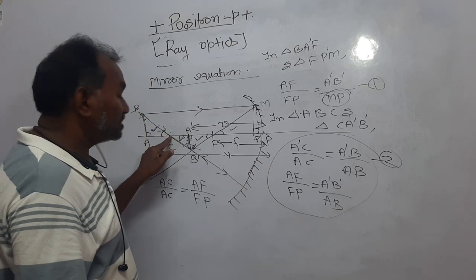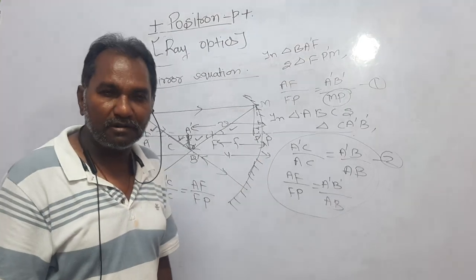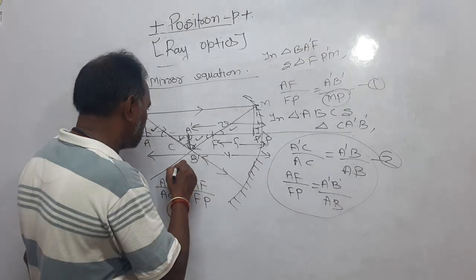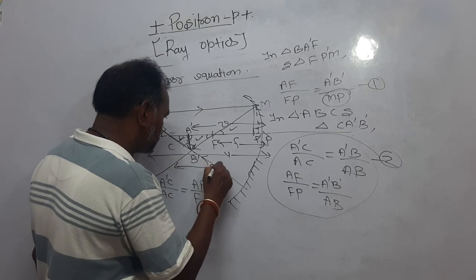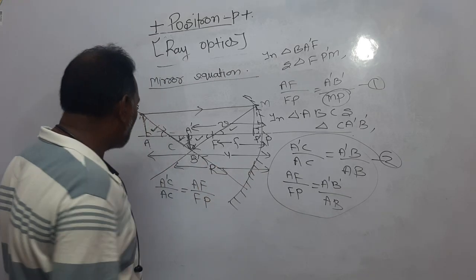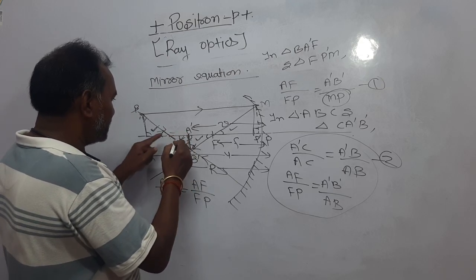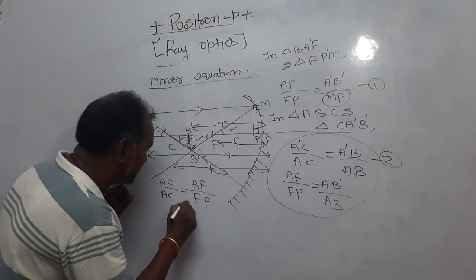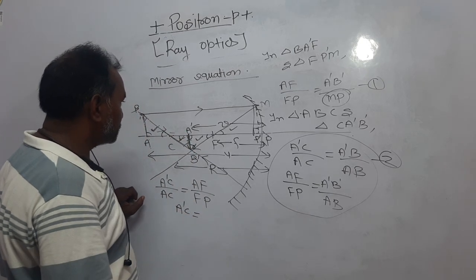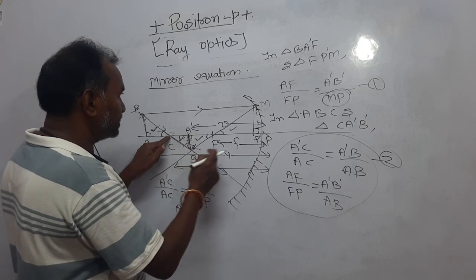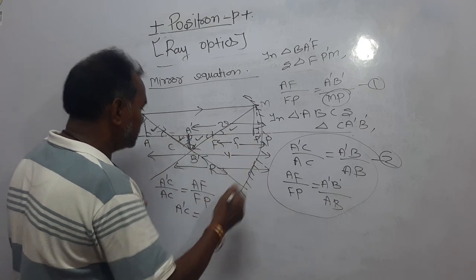And the center of curvature from the pole is capital R. Now, dear student, we have to find out A dash C. A dash C is equal to CP minus CA dash.